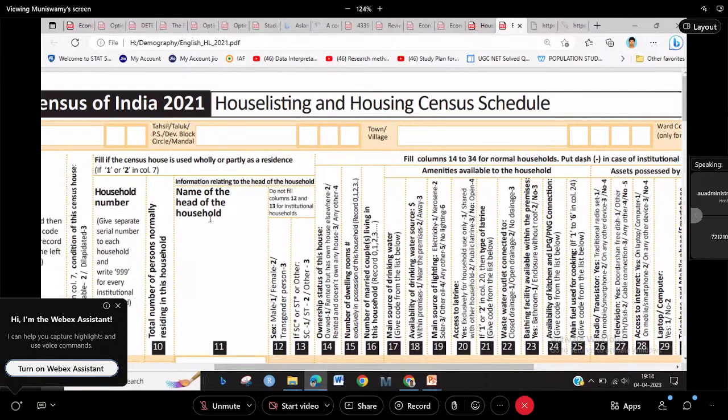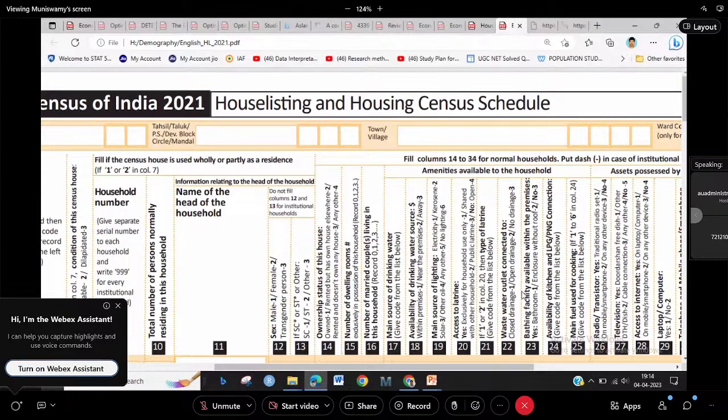Name of the head of the household, sex: male, female, transgender, caste, ownership status of this house, number of rooms. One by one, each is a variable. But why do we gather this census data? To do investigation.